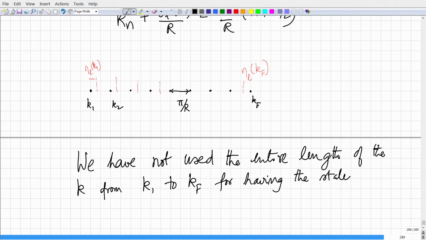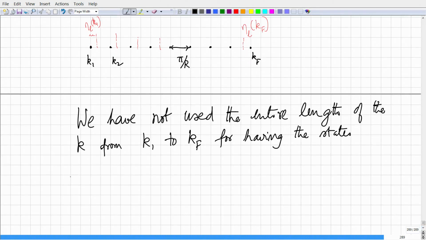That means the k vectors of the states that we have used cumulatively, they are smaller than the interval K1 to Kf.